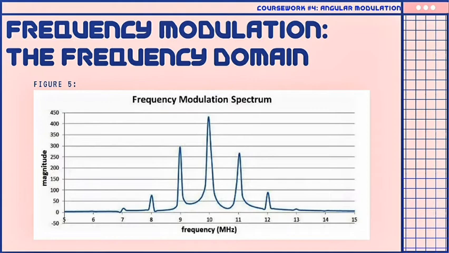In both cases, a low-frequency spectrum is translated to a band that extends above and below the carrier frequency. With AM, the baseband spectrum itself is shifted upwards. With FM, it is the spectrum of the integral of the baseband signal that appears in the band surrounding the carrier frequency. For the single baseband frequency, m equals 1 modulation, we have the following fifth figure.